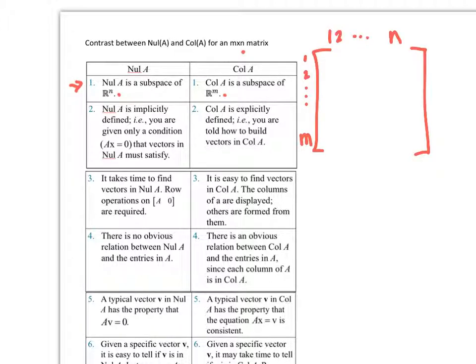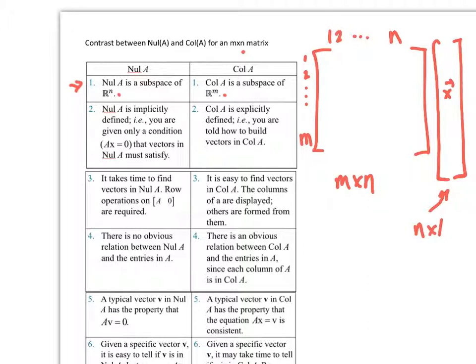If I have an m by n matrix, I can multiply it by some vector x to see what maps over to my 0 vector. And so the dimensions of x have to be n by 1. That's why we're a subspace of Rn.